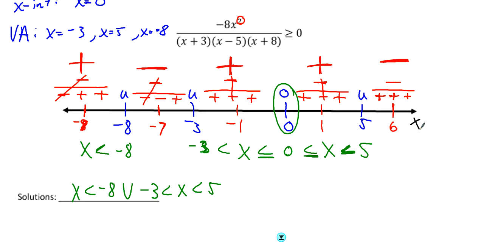If this is the x, right here, this is my y-axis at 0. And if we look at it from that perspective, this is a 0 here. This is an asymptote. This is an asymptote. And this is an asymptote.